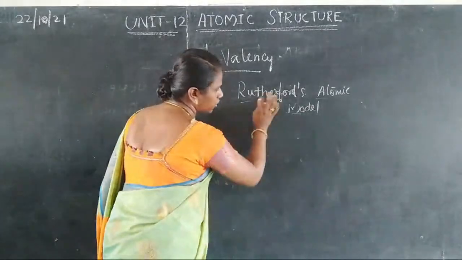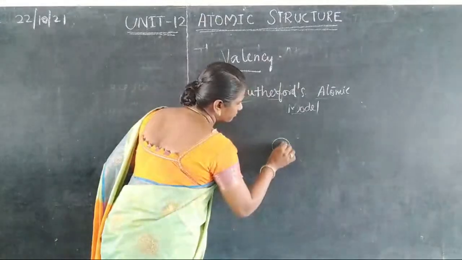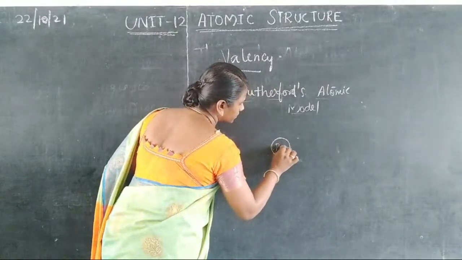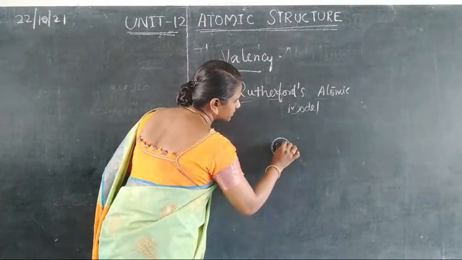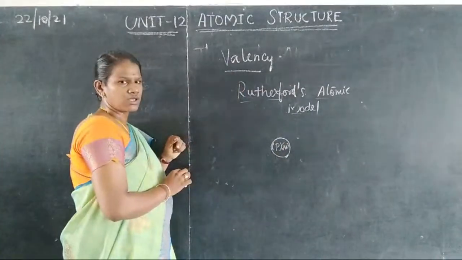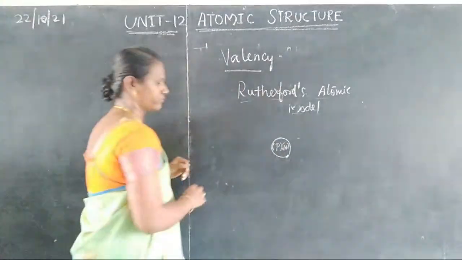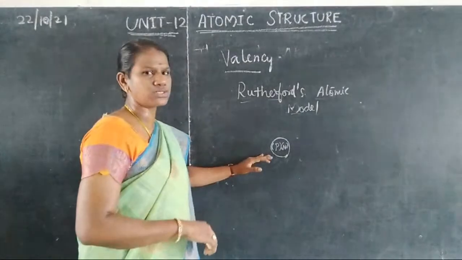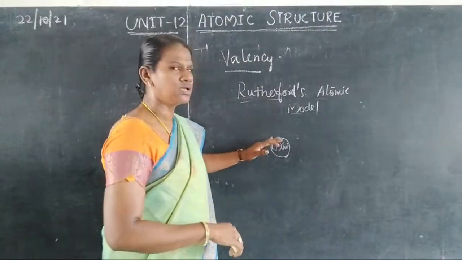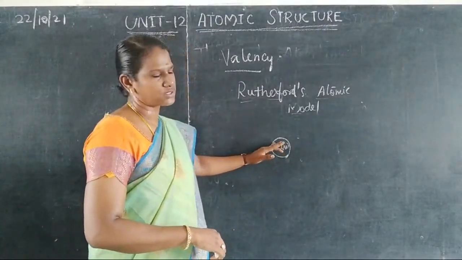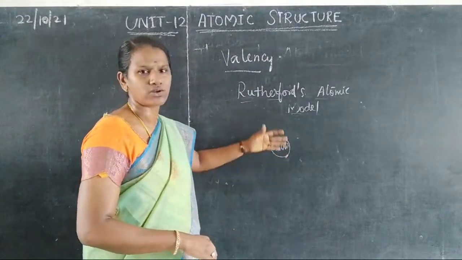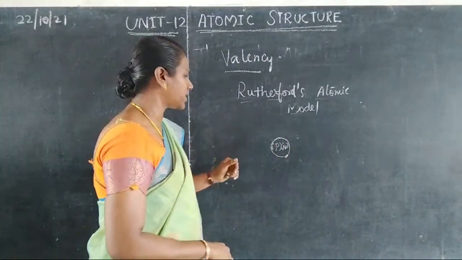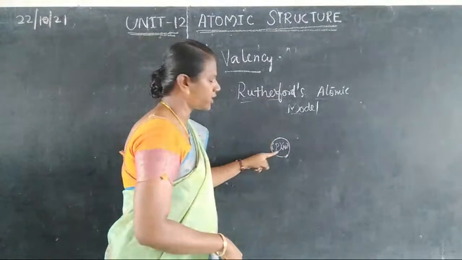He said that the protons and neutrons are at the center of the atom, in the nucleus. So the nucleus is at the center of the atom, and in the nucleus there are protons and neutrons.